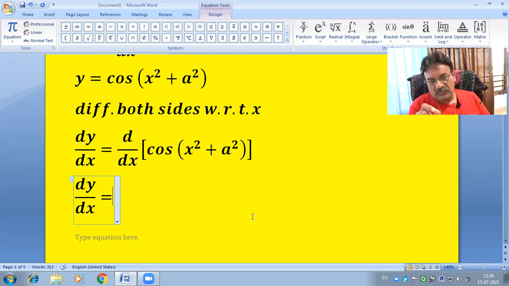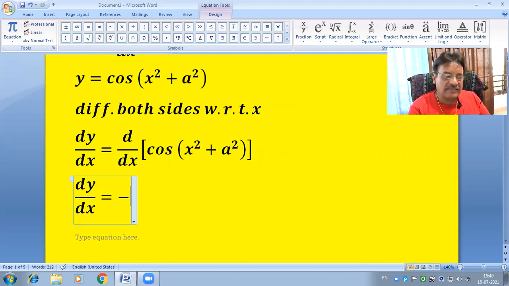Again, we repeat this formula. We use the simple derivative formula d by dx of cos f(x) is equal to minus sin f(x) into f dash of x, and f(x) is replaced by x square plus a square.